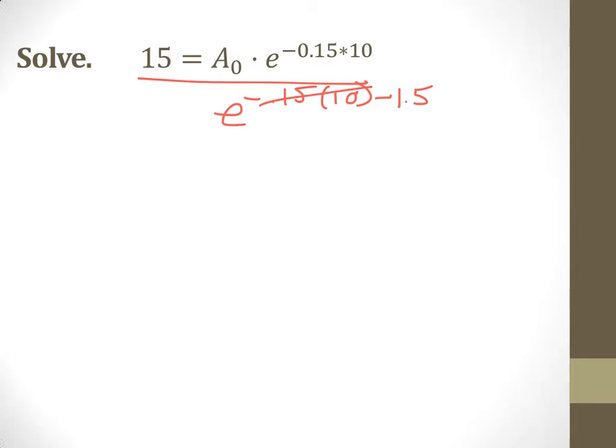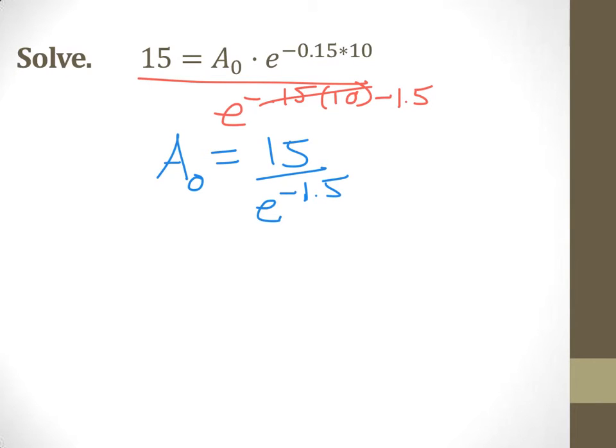That's going to give us A naught is equal to 15 divided by e to the negative 1.5.